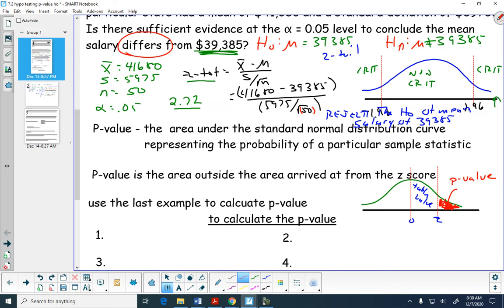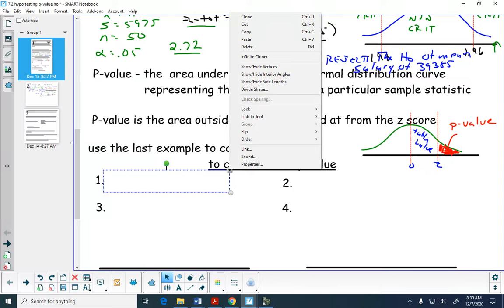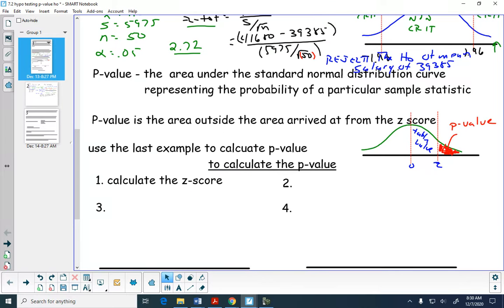The p-value is a little bit more work, it's a little bit more extensive. But we'll also take a look at our calculator. How do we calculate the p-value? You calculate a z-score, which we did. We calculated a z-test score, 2.72.